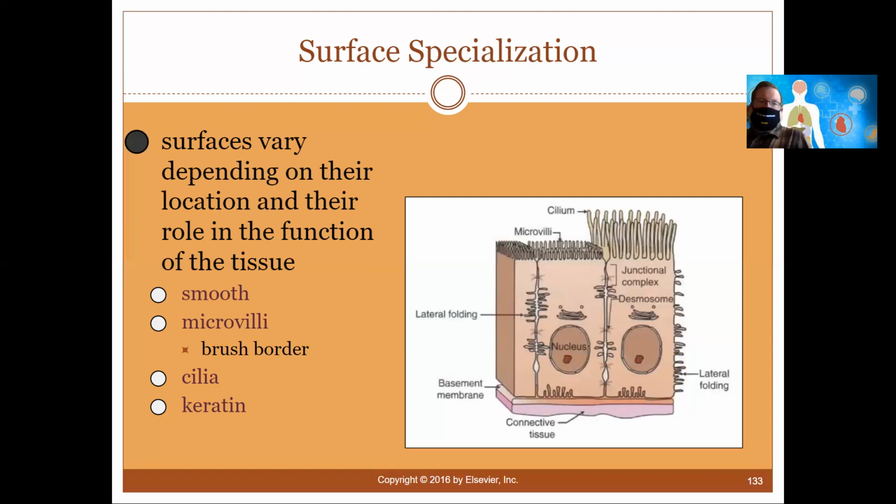Cuboidal is next, cube shapes. We can have simple cuboidal, so one layer of cubes. The glands of your body, like your sweat glands, oil glands, tear glands, and earwax glands, are going to be lined or formed by epithelium.